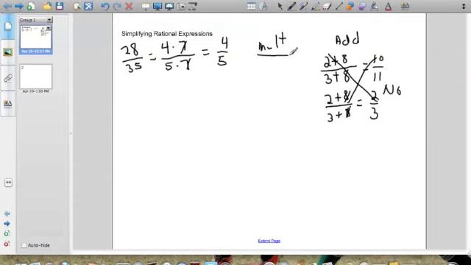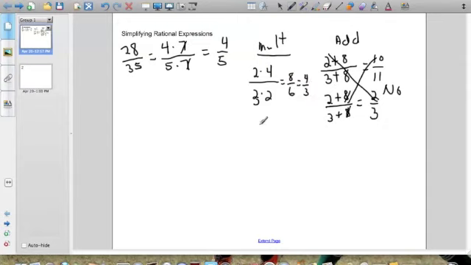With multiplication, you can simplify. Here's a simple example: 2 times 4 over 3 times 2. When I multiply these out, I get 8/6, which simplifies down to 4/3.